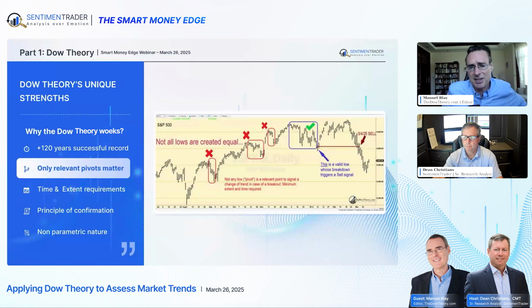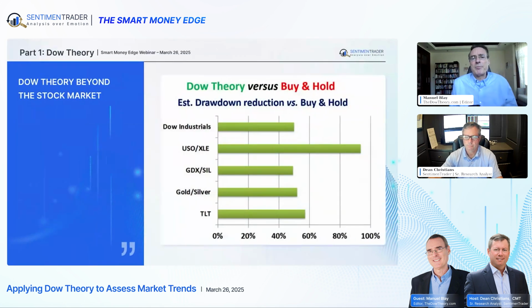So maybe we can see the next slide. But it doesn't only finish with the stock market, because Hamilton, who was the chief editor of the Wall Street Journal in the 1920s, last century, had a great insight in his book, The Dow Theory Barometer.